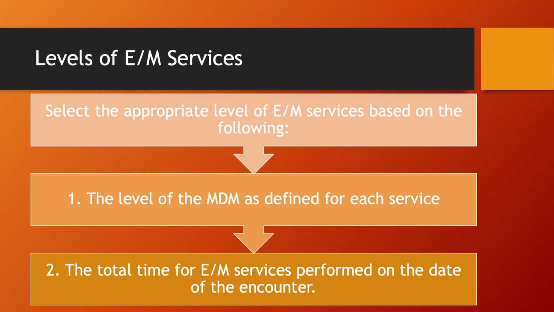The level of the medical plan that you have for your patient, right? Defined by your services. And then you're going to look at the total time, okay? So we're going to be looking at one, the level of the plan that you have for your patient. And then we're going to be looking at the level of time.